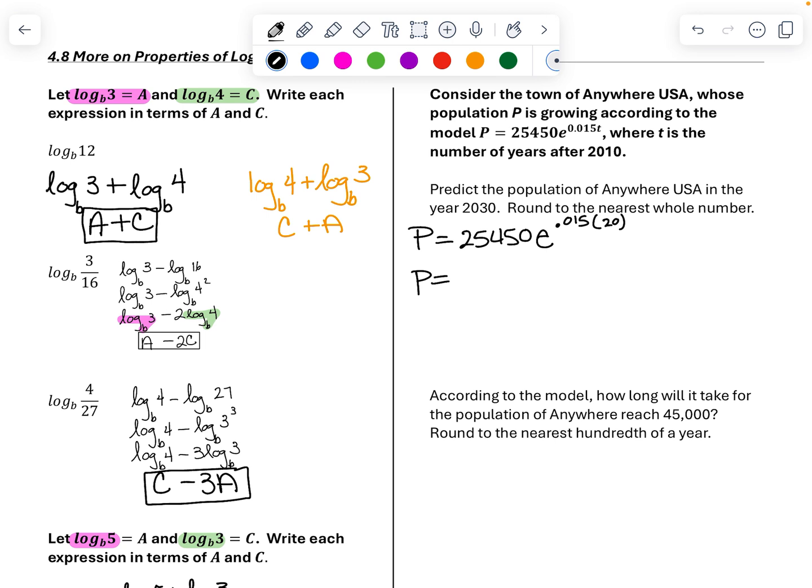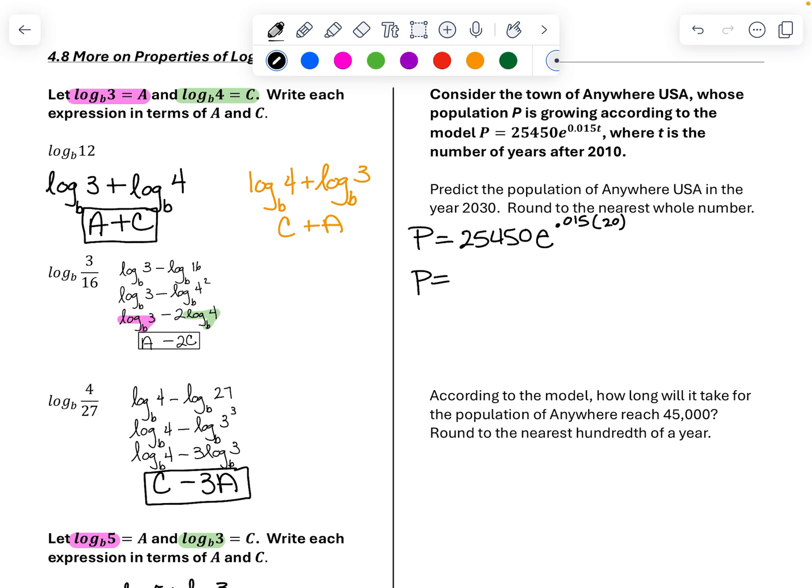So grab your calculator. Let's see if we agree. And we are going to take 25,450 people times e to the power of 0.015 times 20 years.